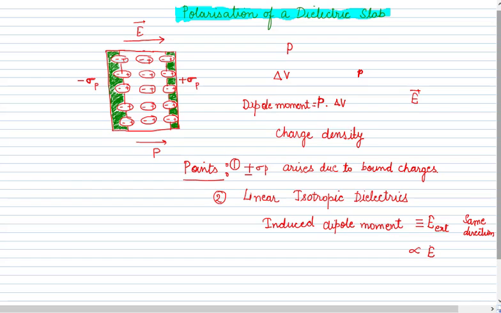That means however strong the electric field we apply, the corresponding dipole moment increases in the same manner. If we increase the strength, the induced dipole moment also increases by the same amount. Because it has a linear dependence, it linearly depends on the strength of the electric field, so we call it linear. And isotropic means that it is in the same direction as the external applied electric field. Such dielectrics we call linear isotropic dielectrics.